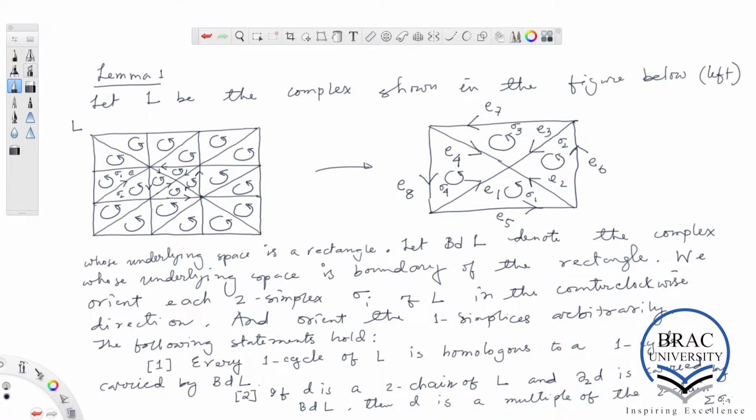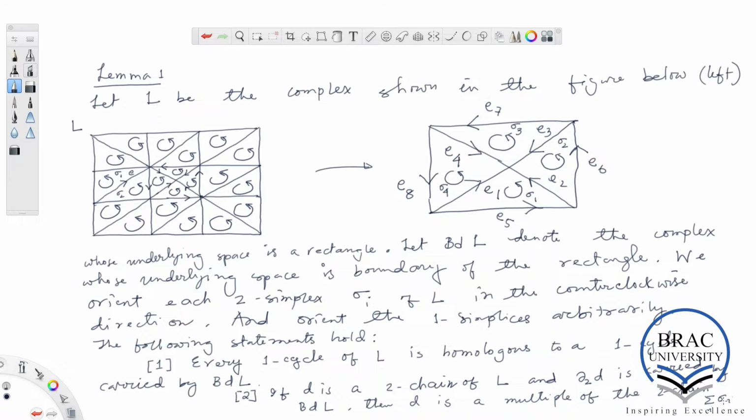Of course, it runs over a countable set, because there are countably many two simplices in the complex L. All right. So this is the statement of lemma 1.